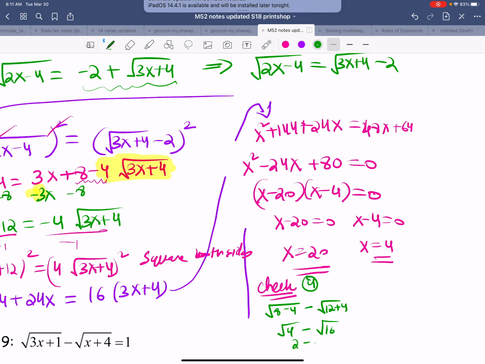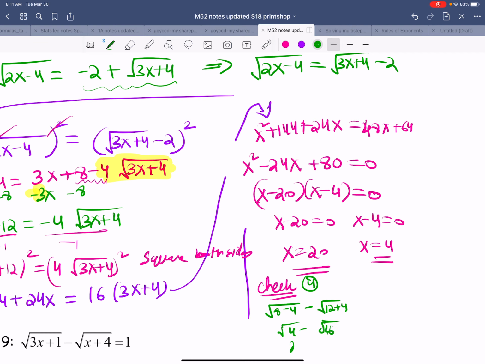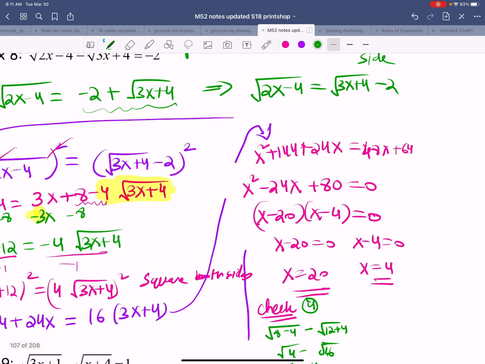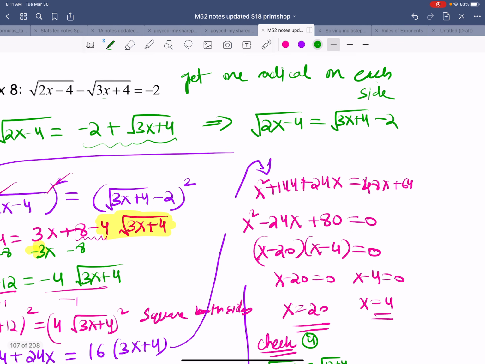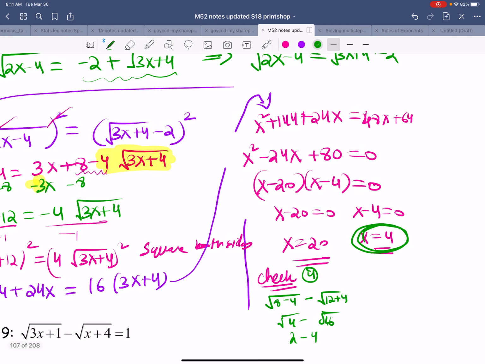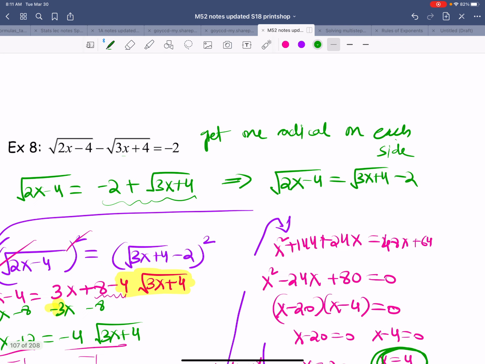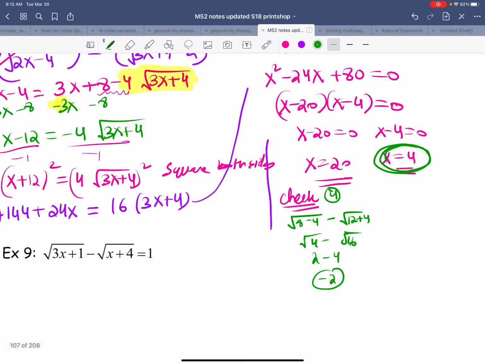So 2 minus the square root of 16 which is 4, so 2 minus 4 would be negative 2, which is equal to the right-hand side. So x equals 4 does work.